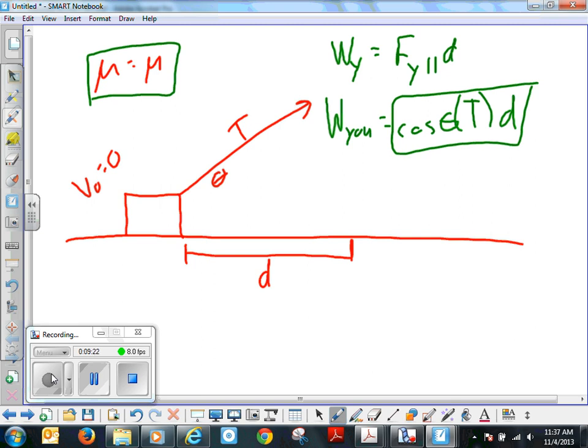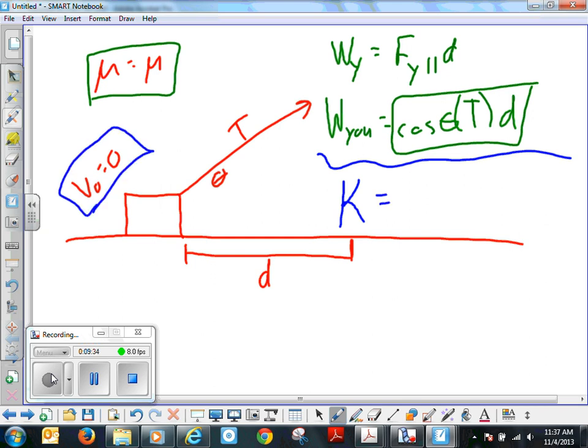Okay, so then the next question is going to ask something like, well, that's the work you did, that's right. What's the kinetic energy that the block has at the end of this work if we start at an initial velocity of 0? Well, what's the formula for that? The kinetic energy that this block has is equal to the work that you do minus friction.